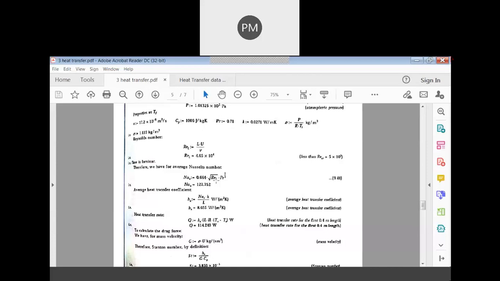Half means 0.5. And Prandtl number to the power of 1 by 3. So Reynolds number you know, 4.65 into 10 to the power of 4. Prandtl number also you know, so you can get the value of Nusselt number.